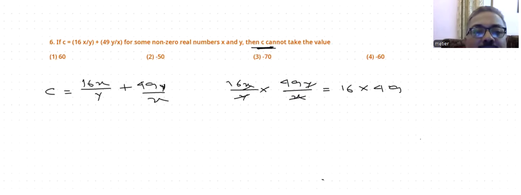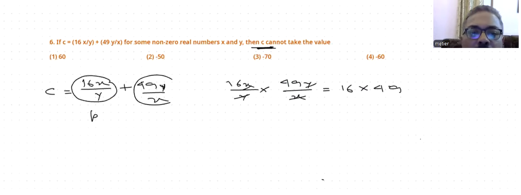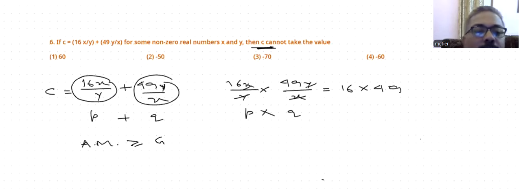Now check it. If we go with this as P, this is Q, it is P plus Q and it is P into Q. Now we are having one very simple concept in algebra that arithmetic mean is greater than or equal to geometric mean.